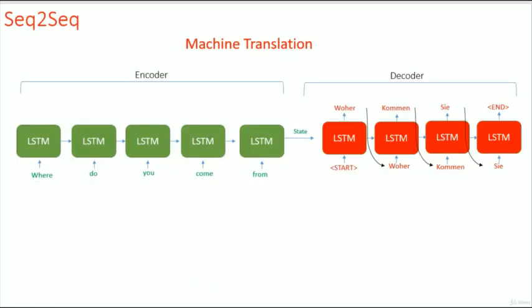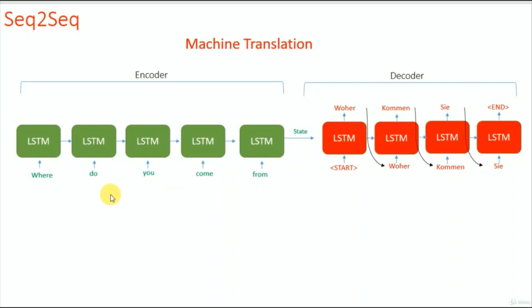Now let's talk about NLP, natural language processing. Of course you can do a lot of NLP with deep learning, and one very famous application is called machine translation. Basically, you translate an input to another domain. For example, here we're translating one language to another, from English to German.